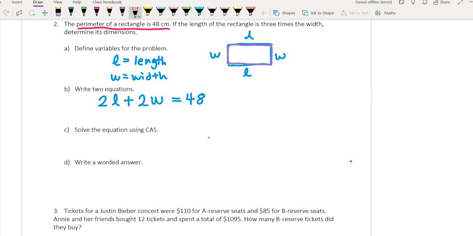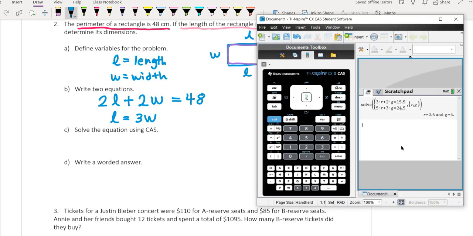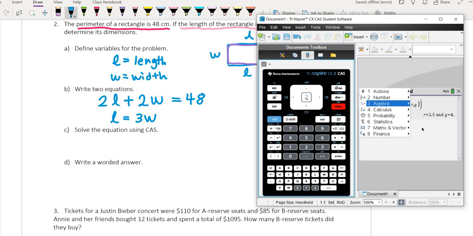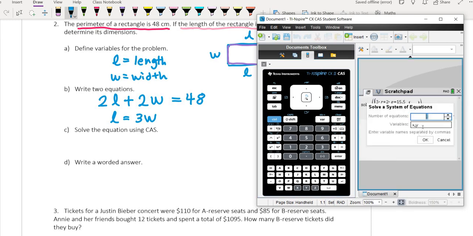And obviously, the only other bit of information that we have is here. The length of the rectangle is 3 times the width. So we know that the length of the rectangle is 3 times the width. So this is another equation. Once we have the 2 equations, we solve it on the CAS. Again, menu, algebra, solve system of equations. System is 2.